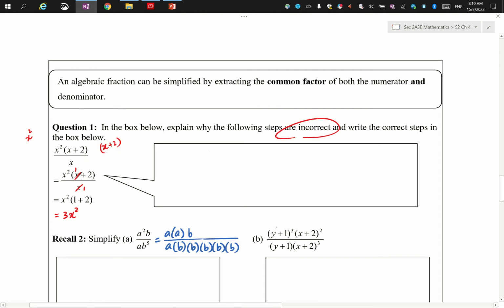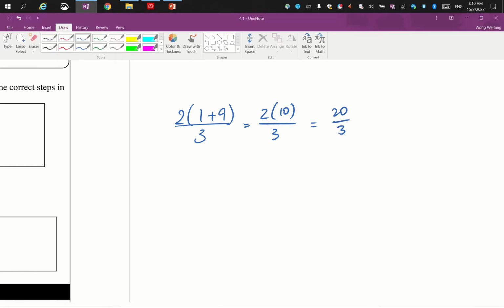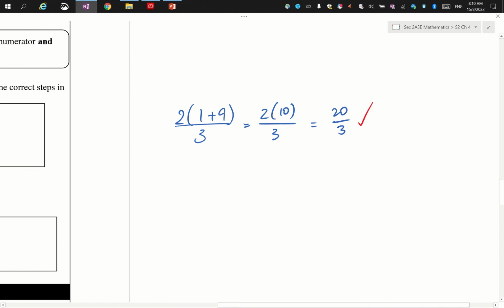Okay, so let me illustrate why it is wrong. Using this numerical example, 2 times of 1 plus 9, divided by 3, we know that we're going to work out the brackets first. So this gives us 20 over 3. We know that this is correct. Do brackets first.